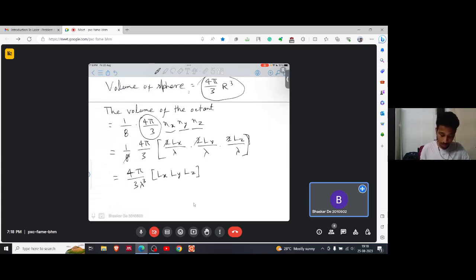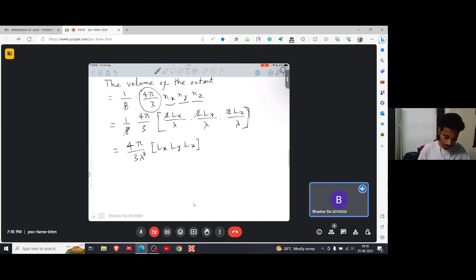Initially we are considering a cavity that has dimensions lx by ly by lz, so that will be the volume of the cavity, V. This can also be written as eta cube nu cube by 3c cube times V, where I have just replaced lambda by c by eta nu.